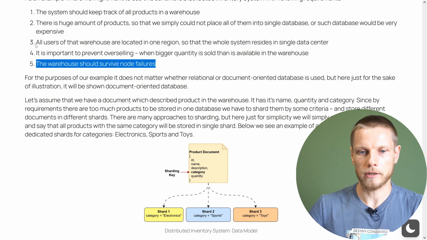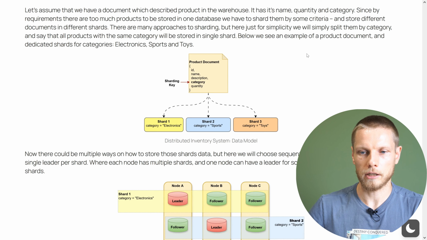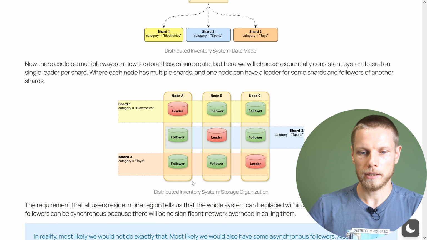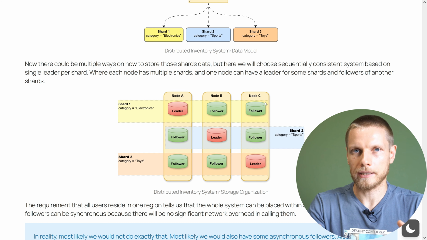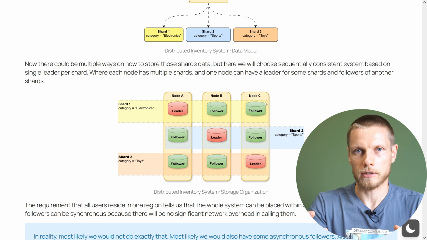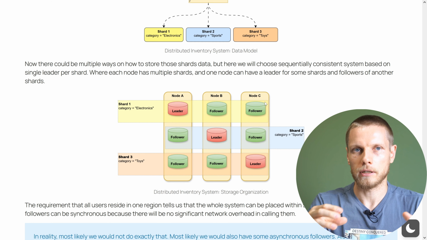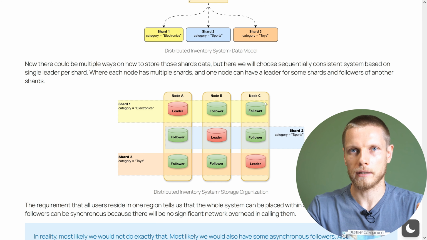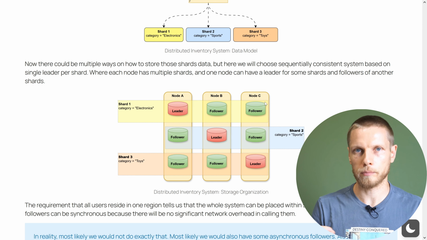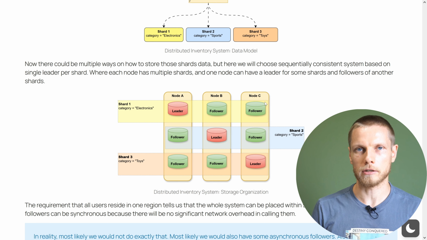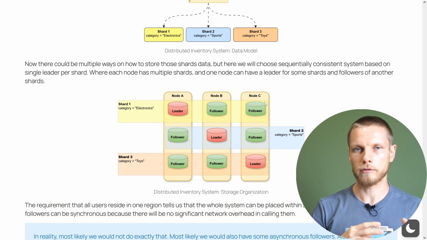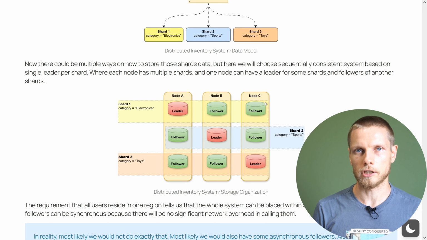And the requirement that all users are located in one region says that we can use only synchronous followers. Because if we knew that the users were located in different regions, we would have to place some followers in remote regions in order to make reads for those users faster, and we could not make those followers synchronous because of the delay of cross-regional calls.